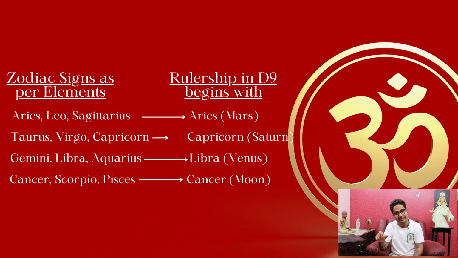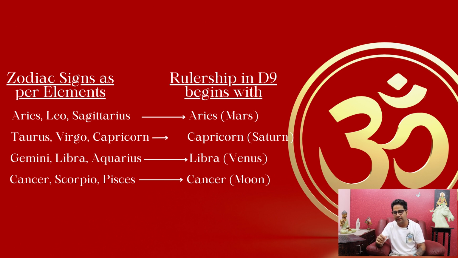For the earth signs, the very first division in the D9 chart will start with Capricorn, ruled by Saturn. For the air signs, the very first Navamsa Pada will always start with the Libra sign, ruled by Venus, and for all the water signs like Cancer, Scorpio, Pisces, the very first rulership in the D9 will always begin with Cancer.